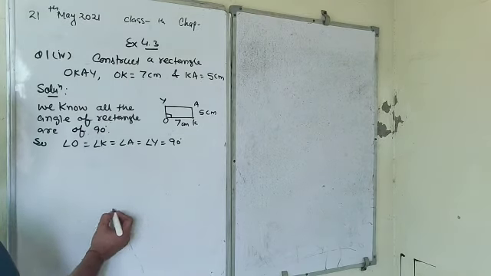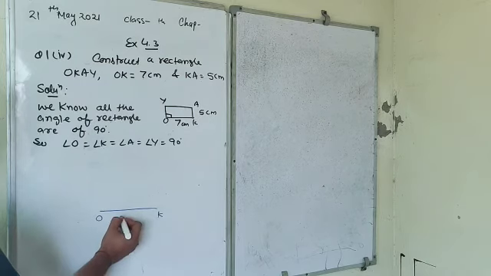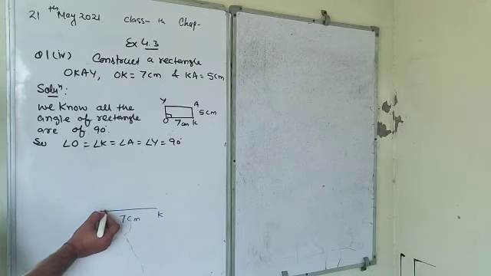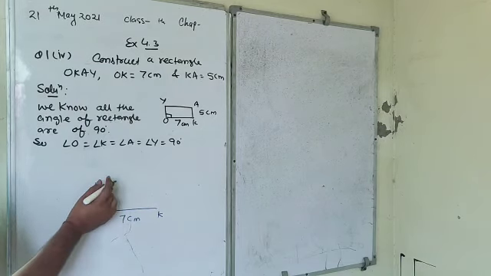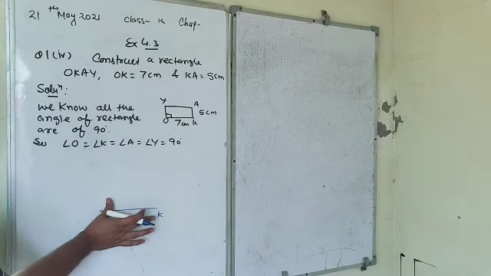In the first step, we will draw a line OK of 7 centimeter. At both O and K, we will draw a 90 degree angle using protractor or compass.